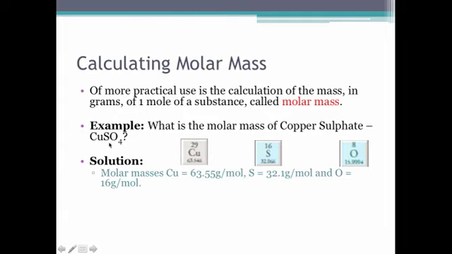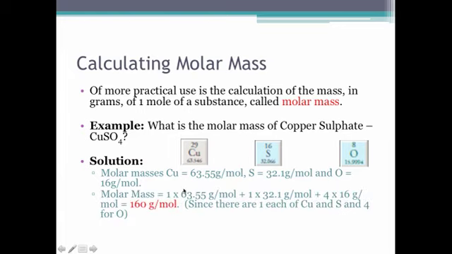If you look at the sulfur, it's about 32 grams per mole. There it is there. Now oxygen, I've got 4 of them, but we'll just write down the first one to start with. Oxygen's pretty close to 16 grams per mole. So the molar masses of the respective elements that make up copper sulfate are now written down here for the solution.